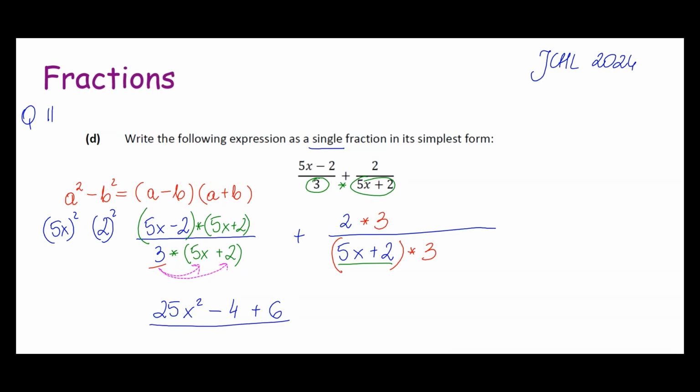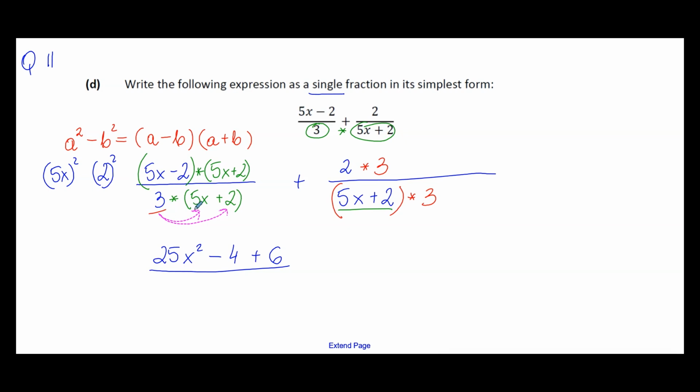Divided. And now we are doing the multiplication at the bottom of the fraction. 3 multiplied by 5x. If you're ever confused, what I have is 3 multiplied by 5 multiplied by x. What I can multiply is 3 by 5, that is 15, and then it still has to be multiplied by x.